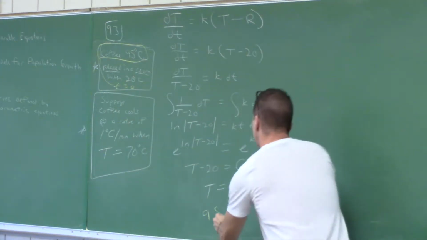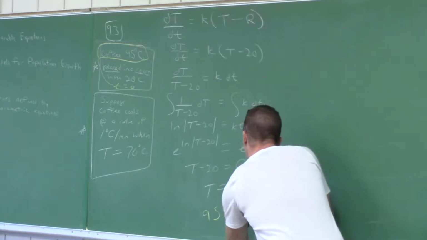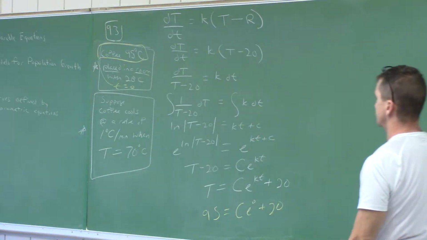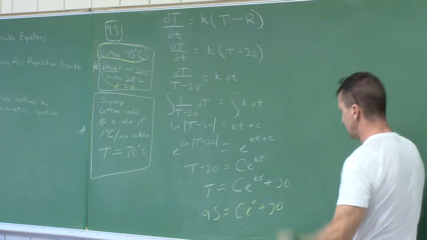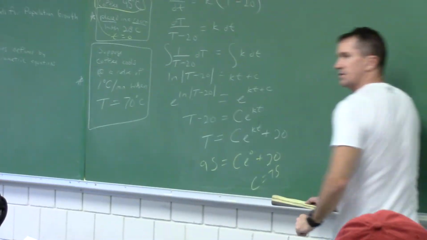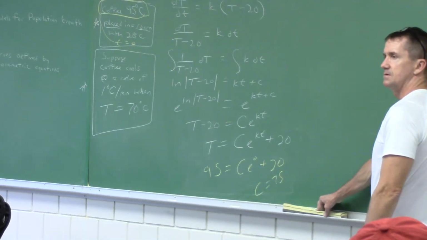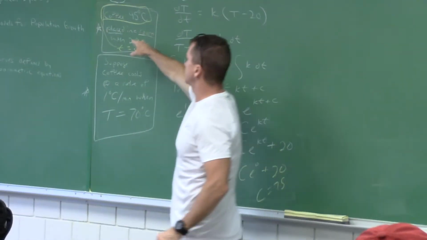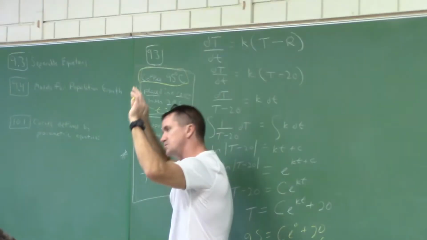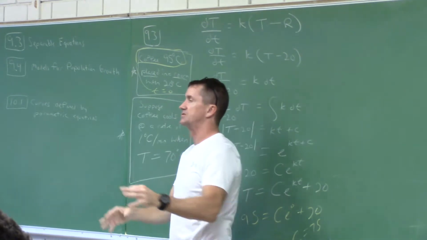When t equals 0, 95 equals C times e to the 0 plus 20. We should be able to get C. What's C? 75. So I do want to point out that when it was mentioned that the coffee was 95 degrees Celsius placed in the room, we're saying time equals 0.